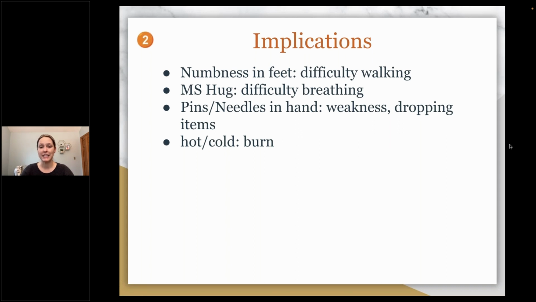If you can't sense hot or cold, you can get a cold burn, an ice burn, or obviously from hot temperatures, a burn from it being too warm, because you can't sense what the temperature is. You can't sense that it's getting too hot, or you can't sense that it's getting too cold. So you leave it on too long, especially if it's something like a heating pad where it's plugged in and it will not lessen.